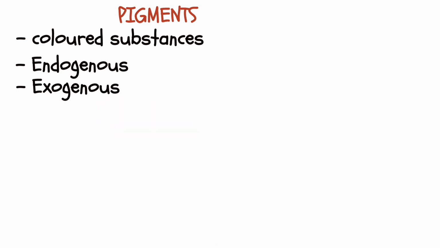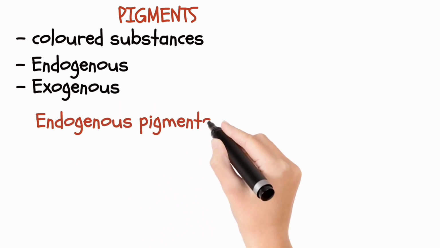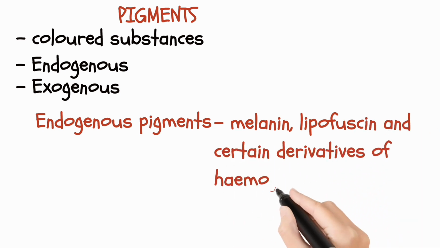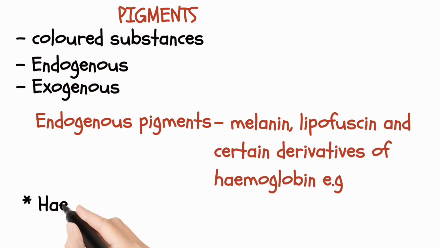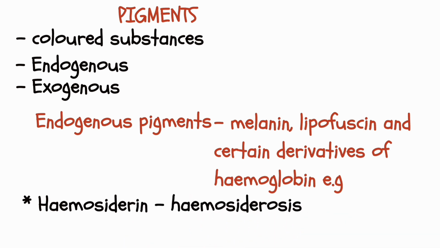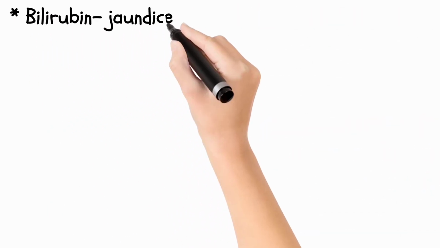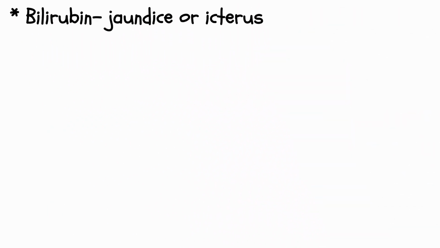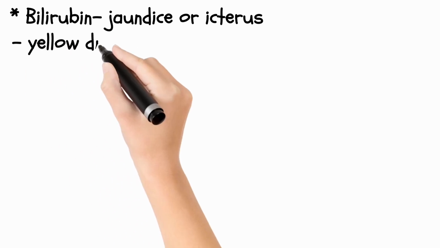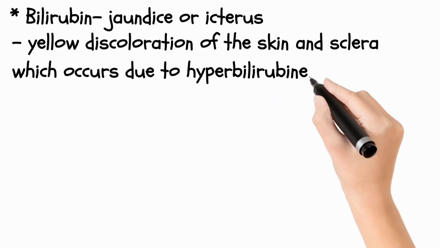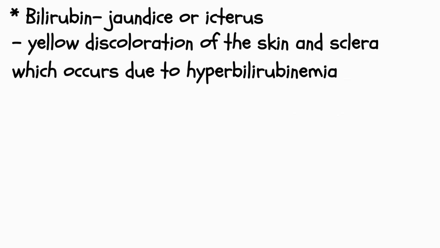Endogenous pigments include melanin, lipofuscin, and certain derivatives of hemoglobin, such as hemosiderin, which causes a condition called hemosiderosis. Porphyria, bilirubin. Bilirubin causes a condition known as jaundice or icterus, which is the yellow discoloration of the skin and sclera that occurs when bilirubin is increased in the blood.